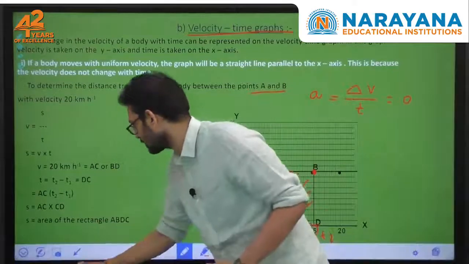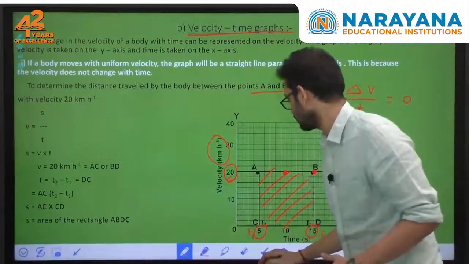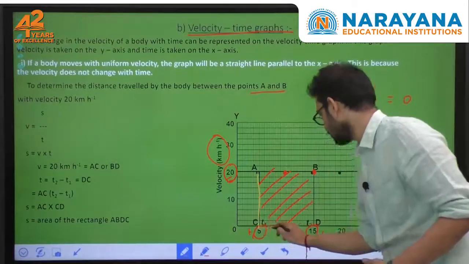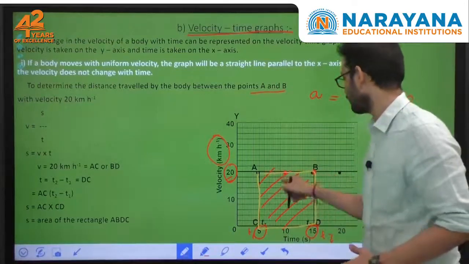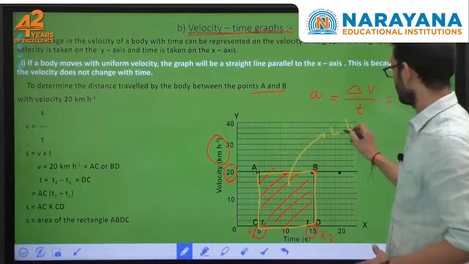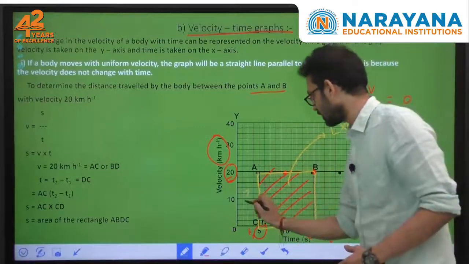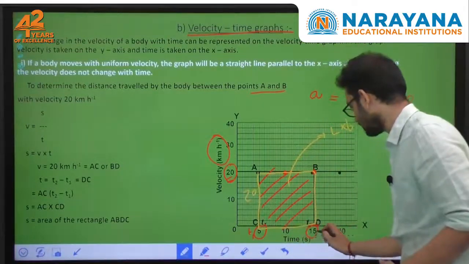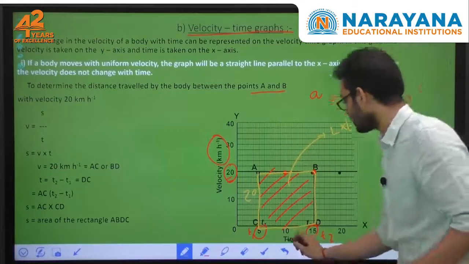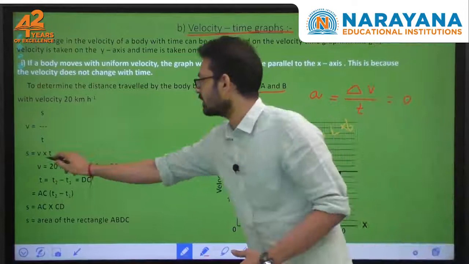Now if you find the area of this rectangle, length into breadth, this side is 20, this side is 15 minus 5, which is 10. So 20 into 10.